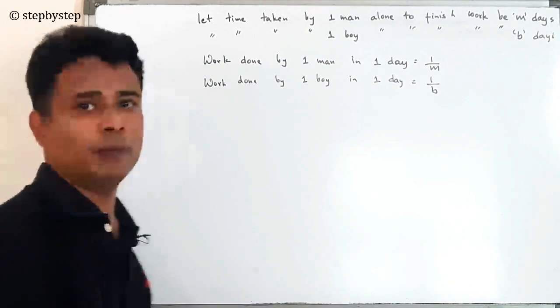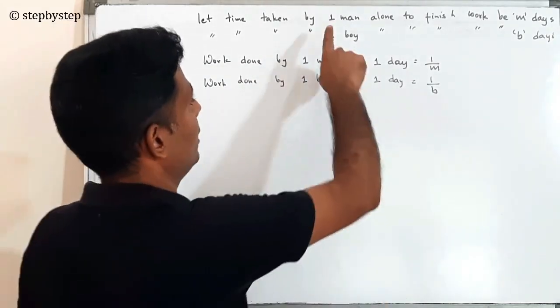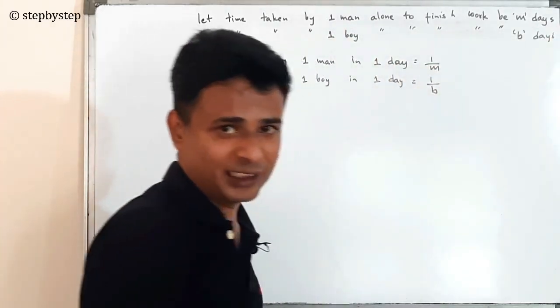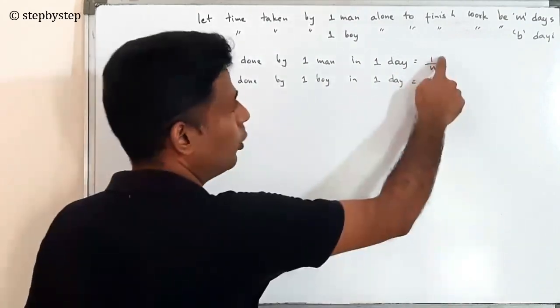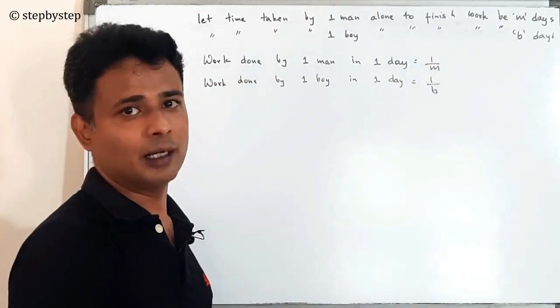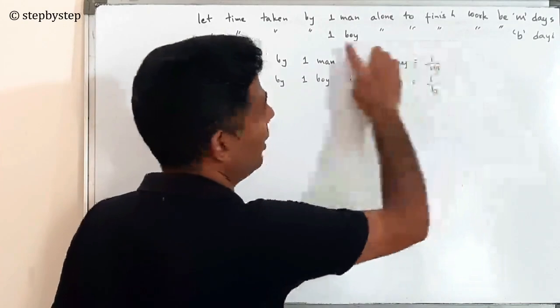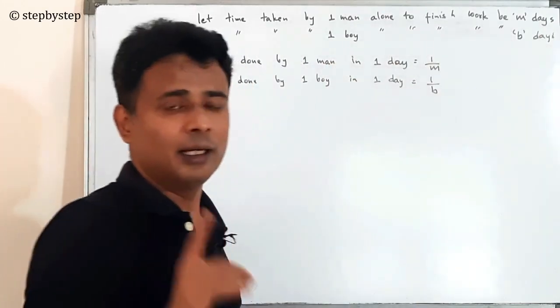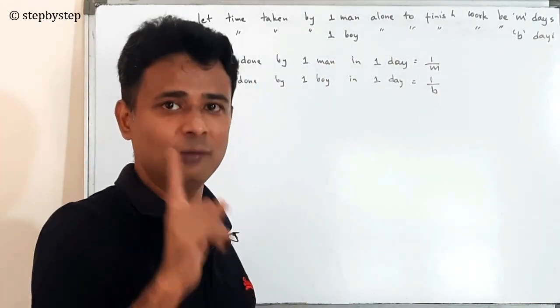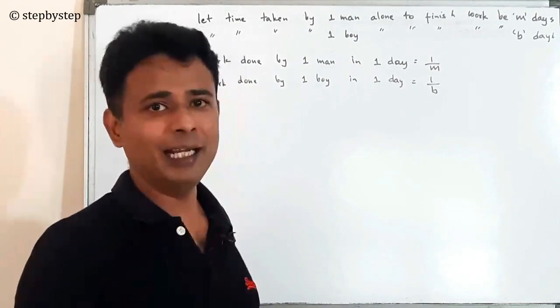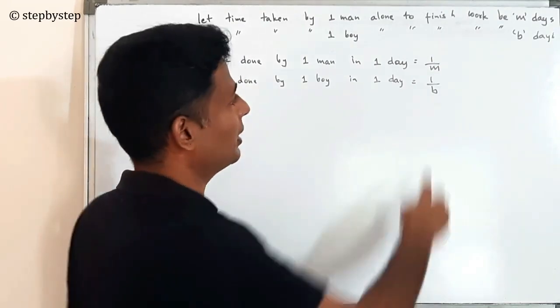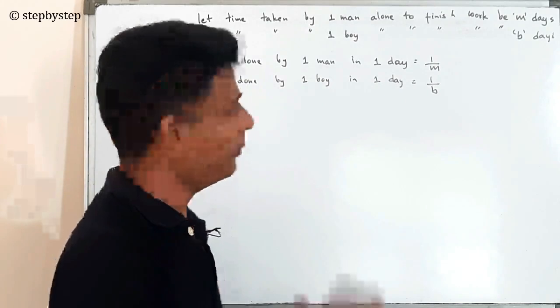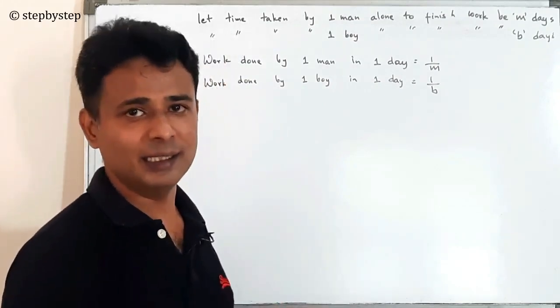This is what you have to remember for work problems. If one man is taking m days to finish the work, in one day he'll do 1 by m work. Understood? And if one boy is taking b days, in one day work done will be 1 by b. This is what you have to remember. This is very important. If you remember this, after that it is very easy.